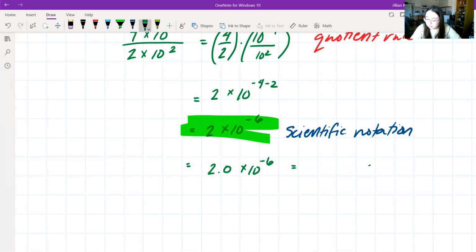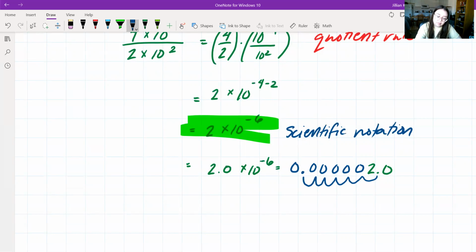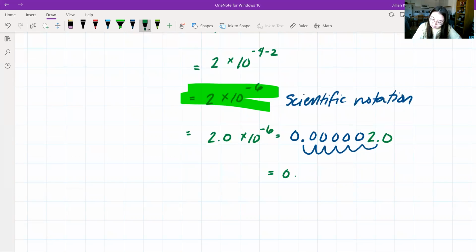If we have 2.0 and we're moving 6 places to the left, we go 1, 2, 3, 4, 5, 6, and then our decimal point is going to go there. For all those spaces, we're just going to fill in zeros. So it's the same thing as saying 0.000002. And this is standard notation.